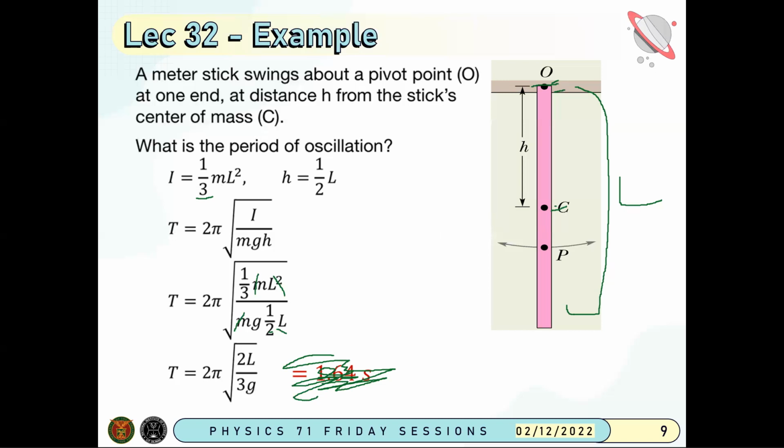Okay. Any questions? So wag magkamali, ito yung D na nandito sa equation is always the distance ng center of mass from the pivot point.